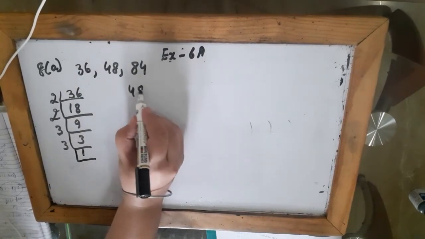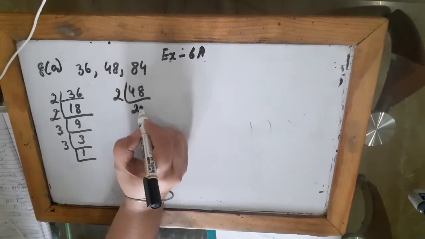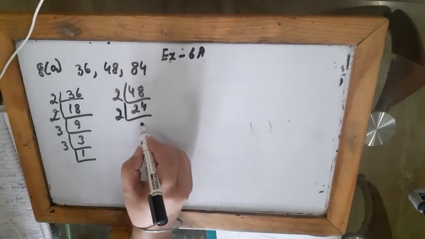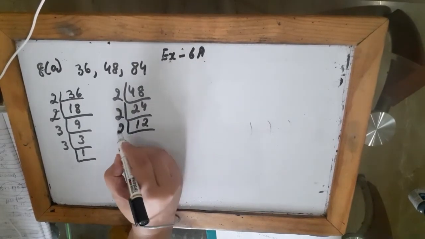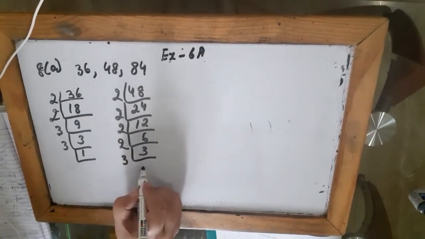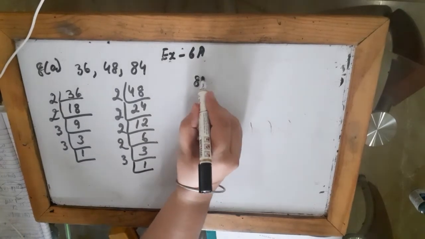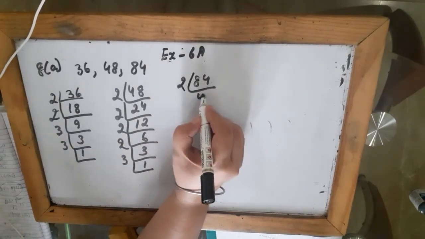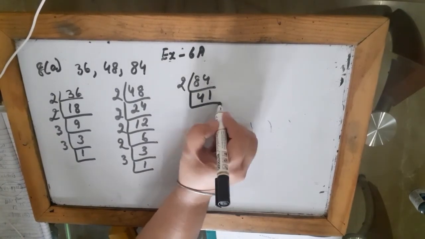Now 48. 2 2s are, 2 4s are 8, 2 12s are 24, 2 6s are 12, 2 3s are 6 and 3 1s are 3. Now 84.